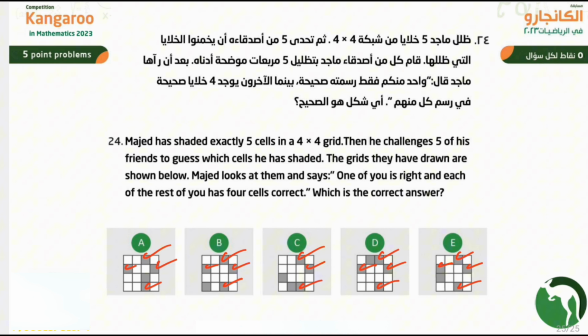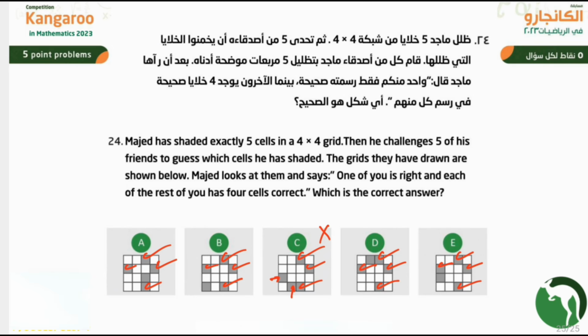Now C has this one not in common, so this one must be not correct here. But here in C, we know that one extra square is correct. So either this one is correct or this one is correct. So we should compare C with the other answers.